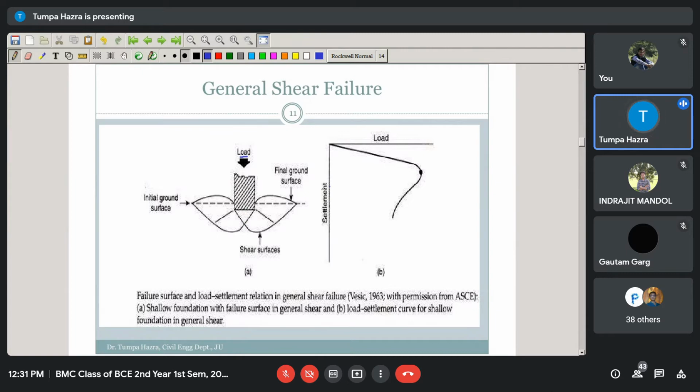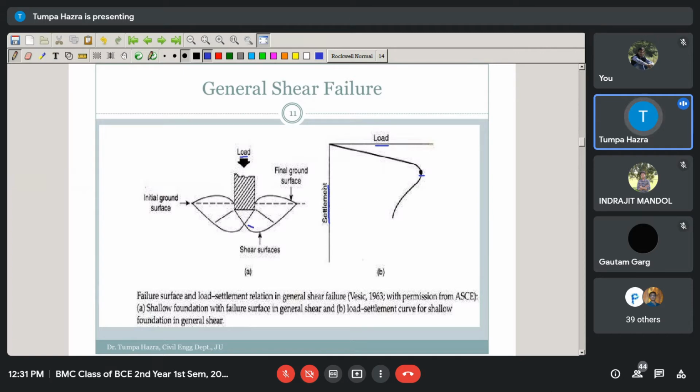Now if you draw the load versus settlement curves, then when the load is greater than or equal to the ultimate bearing capacity of the soil, the soil underneath will fail by the shear.